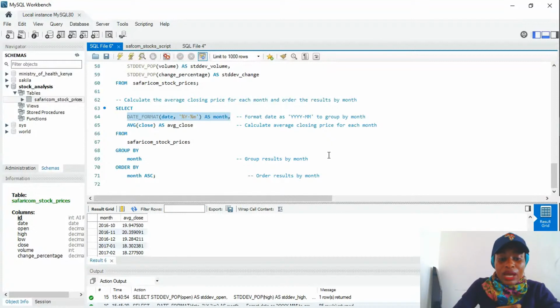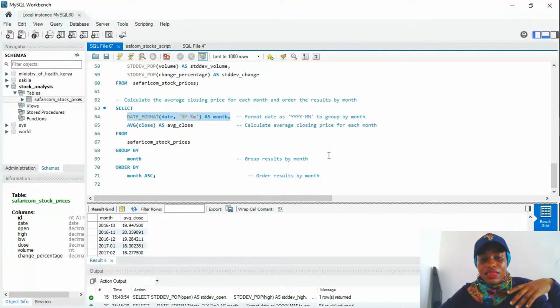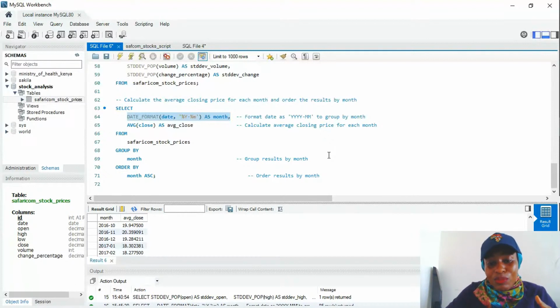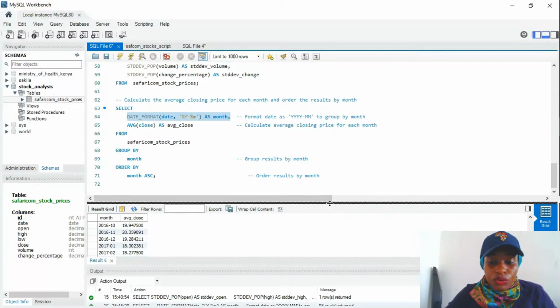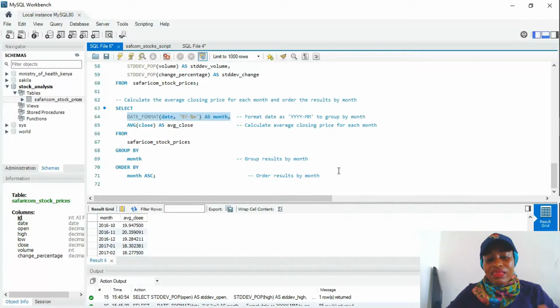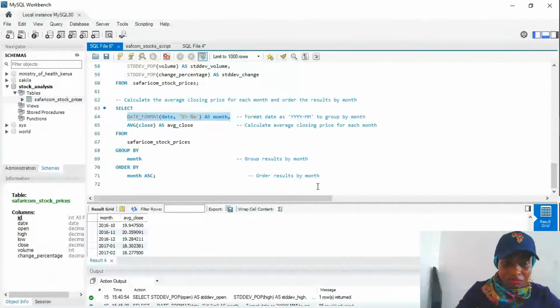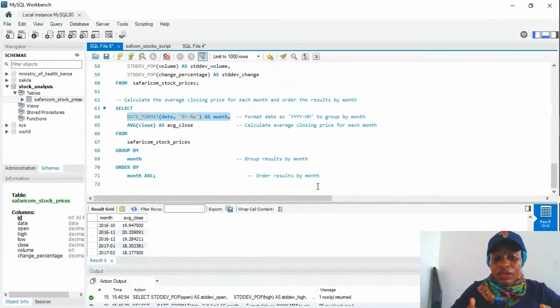If people analyze the financial statements and see that the company is doing well, they'd want to buy. If people analyze and realize Safaricom is doing poorly, they might want to sell their shares. So that normally happens. And then again, these prices are also determined by the dividends. Dividends are given to the shareholders. So there are normally other factors that might affect the prices of these stocks.